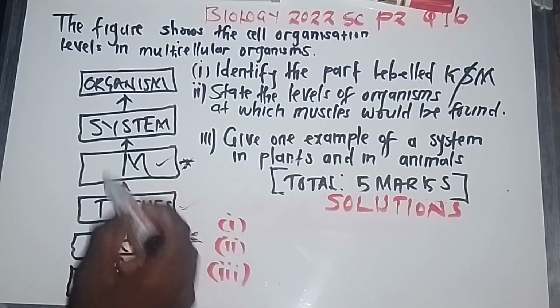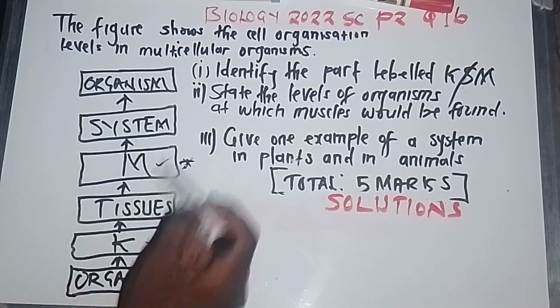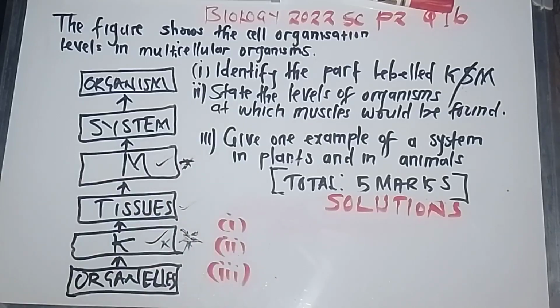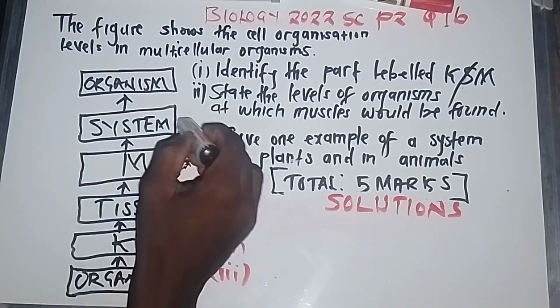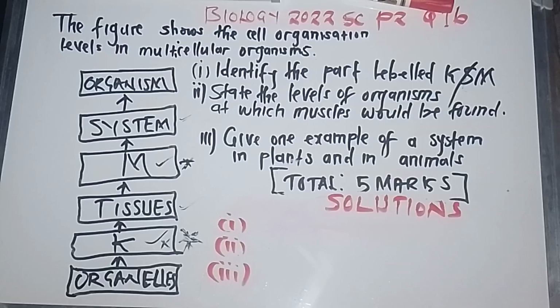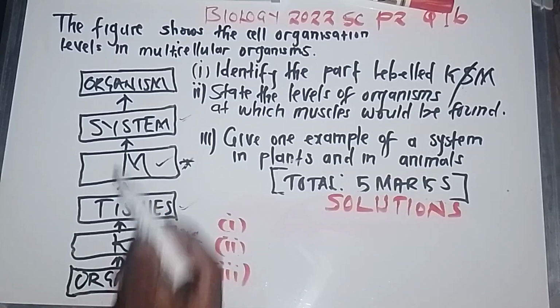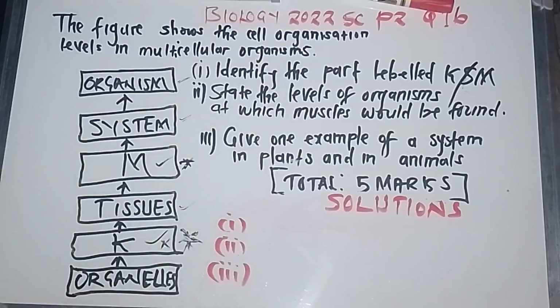After the organization of what is found in M, they make up what is known as a system. After having many systems, what you are going to have is an organism.